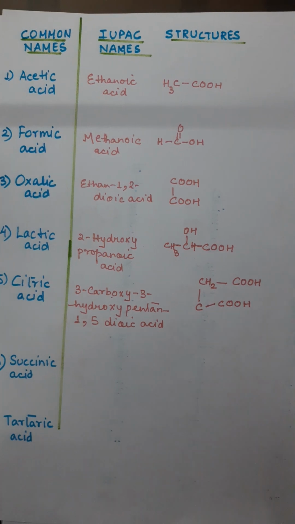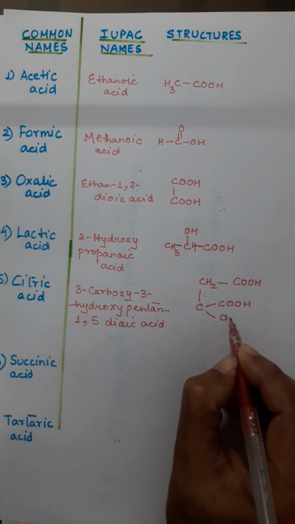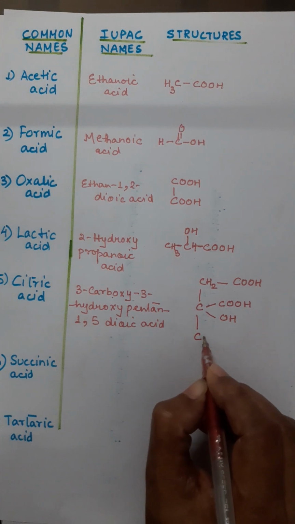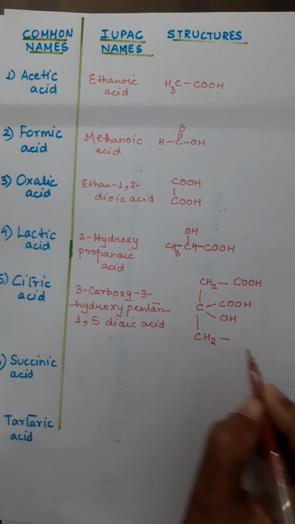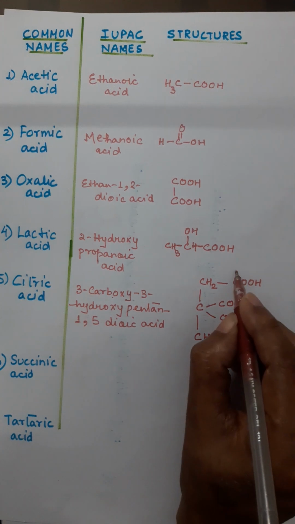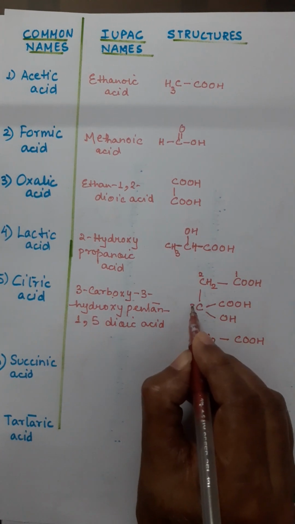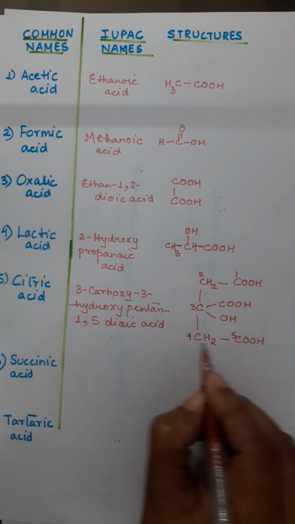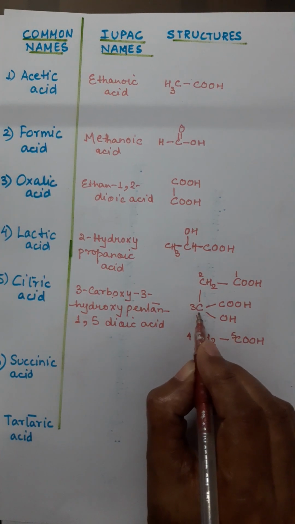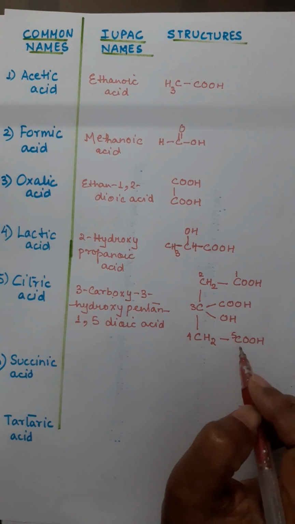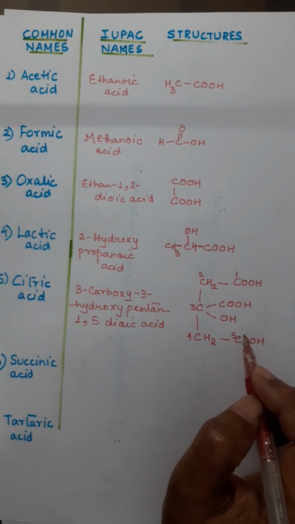Yes, and hydroxy is OH. Okay, then coming to the fourth, it is CH2, and then coming to the fifth, it is COOH. So 1, 2, 3, 4 and 5. These are the 5 chained carbons, and in the third carbon we have a carboxy as well as hydroxy, and the first and the fifth are oic acid.